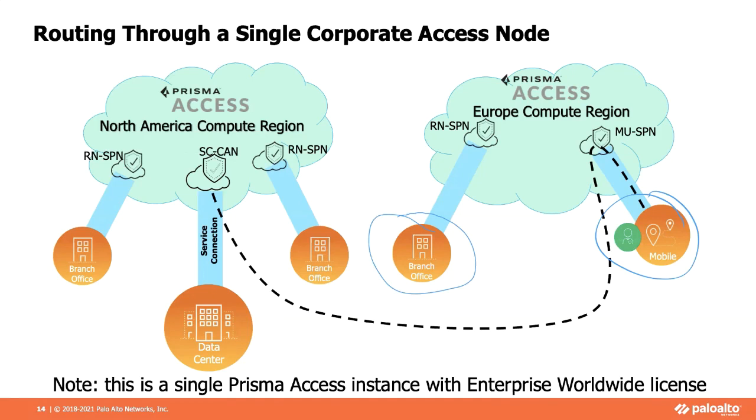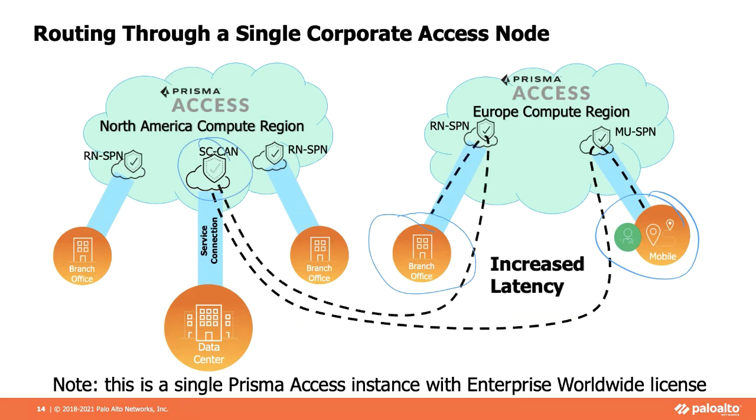Well, remember that corporate access node acts as a router. So if the corporate access node is halfway around the world, then anytime we need to forward to this branch office that's close by, we have to go halfway around the world to that router, to that corporate access node, in order to figure out how to get there. Well, that's going to add latency, and it's not going to be a very friendly user experience.